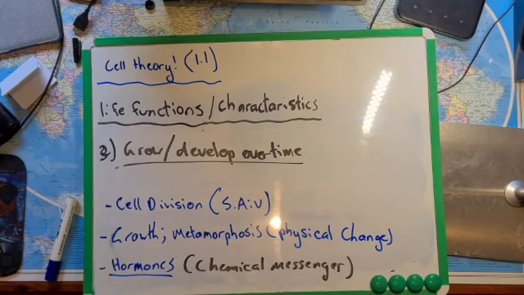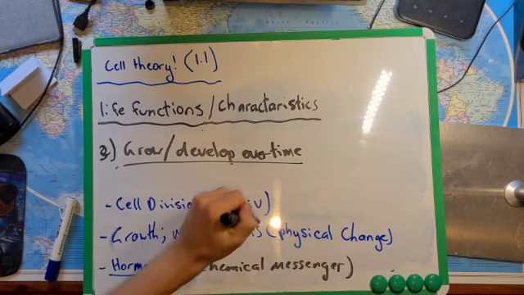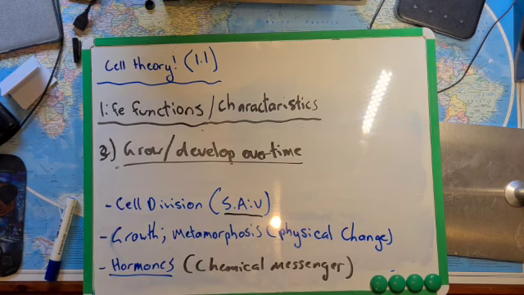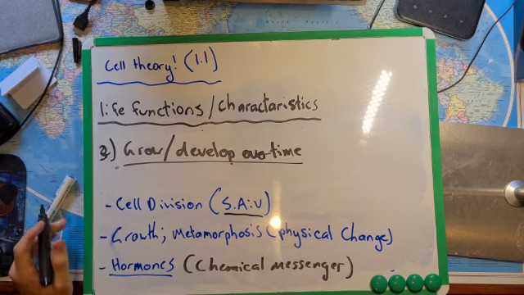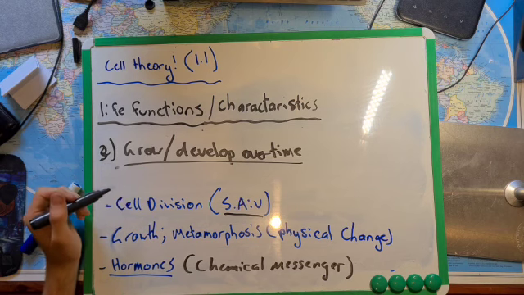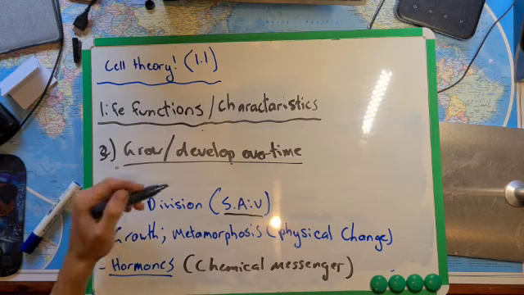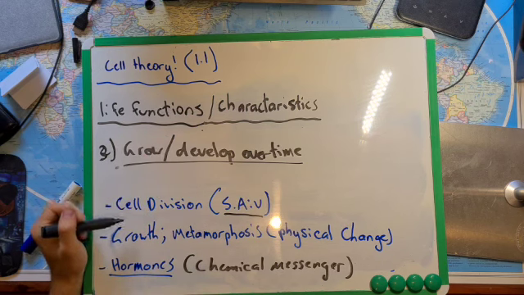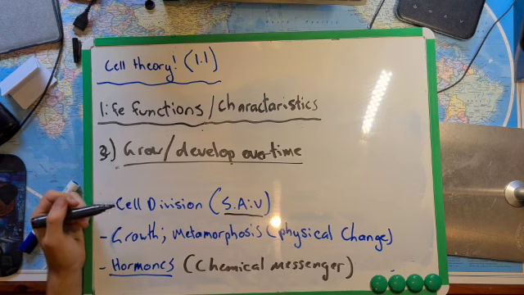A third characteristic of cells is their ability to grow and develop over time. We'll talk about later this idea of a surface area to volume ratio of cells. However, we know that cells generally divide and pass on their genetic material to their offspring, ultimately allowing a development over time and a growth from the parent organism.